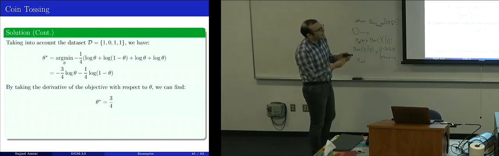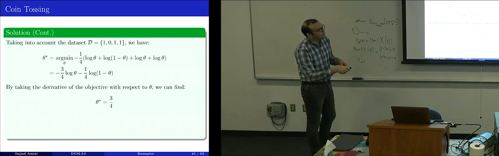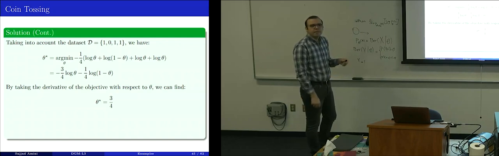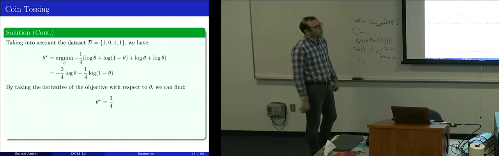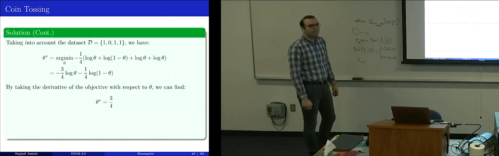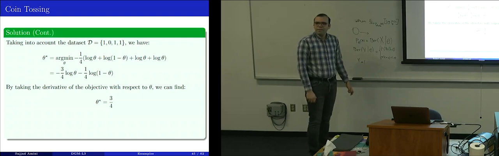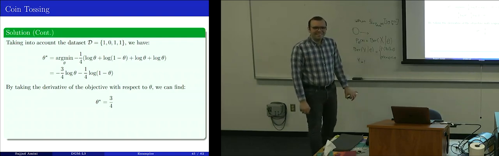It is exactly the empirical ratio of heads to the total number of your experiments. 3 heads, 4 experiments. So it is very well justified with our intuition. Any question?